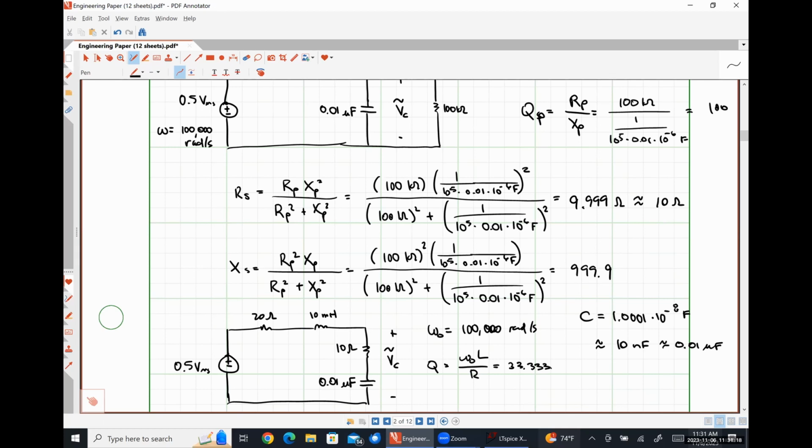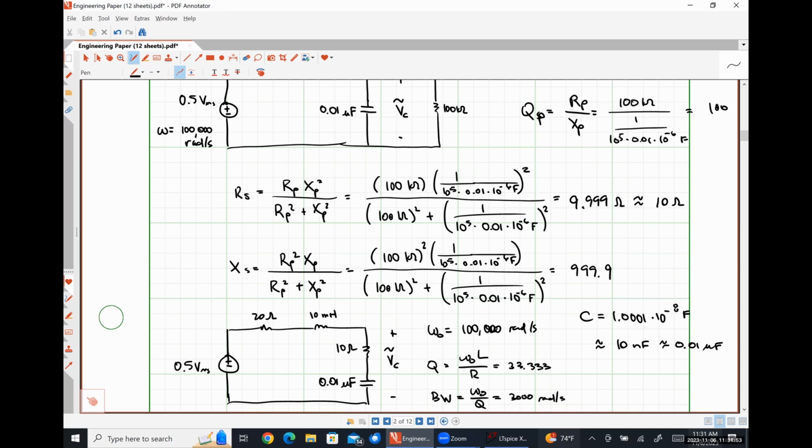So our Q factor is only 2/3 as large as it was, which in turn is going to cause an increase in the bandwidth of our system, right? Our bandwidth, omega naught over Q, is going to be approximately 3,000 radians per second, up from 2,000 radians per second. So we've seen a pretty appreciable change in our bandwidth.